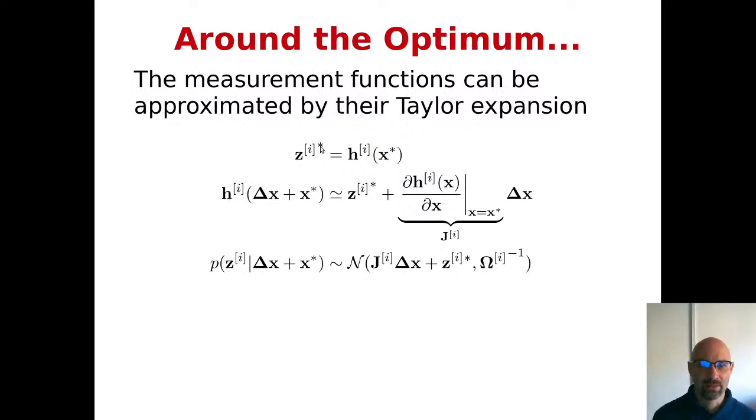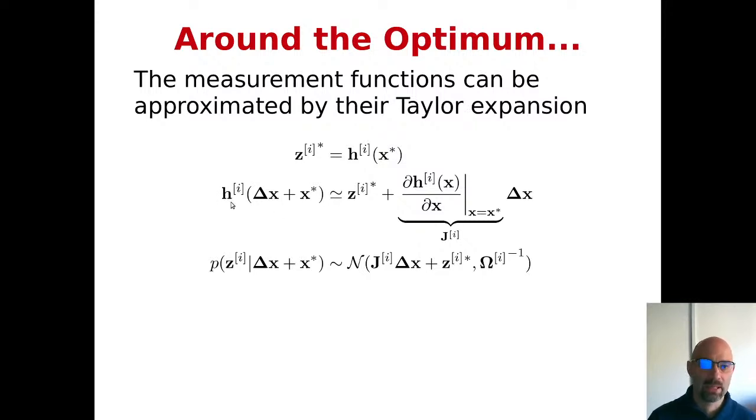Now, as you might recall, in the Gaussian machinery we are forced to operate with an affine transform to preserve the Gaussianity of the distribution, and so we can describe the prediction function at the perturbation by its Taylor expansion.